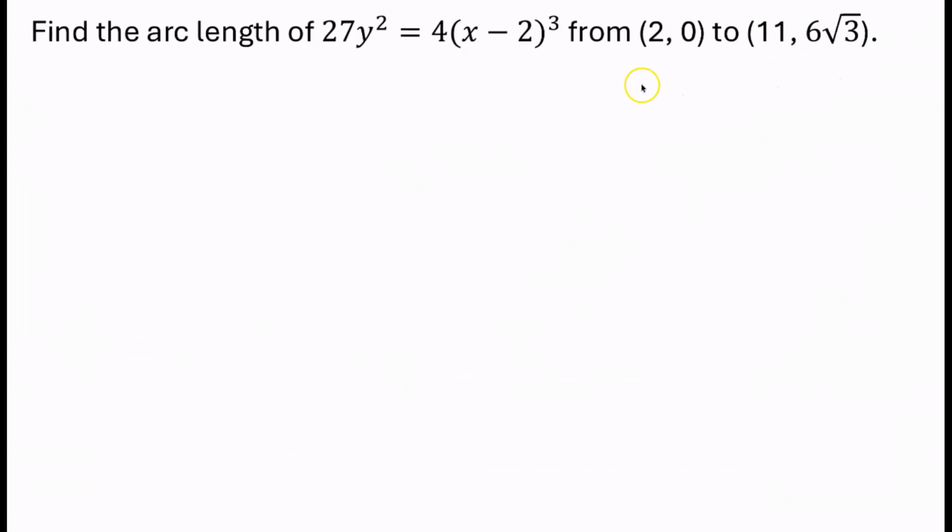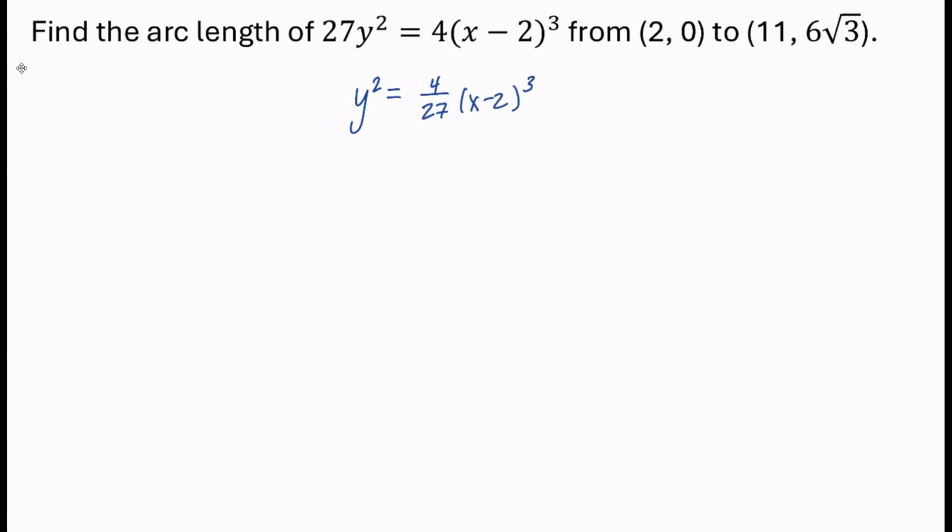So what we want to do is decide whether we want to write this to be a function of x or a function of y. In this example, I'm going to move forward with solving this to be a function of x, so trying to isolate y. I'm going to start by dividing by 27. So I have y squared equals 4 over 27, x minus 2 cubed.